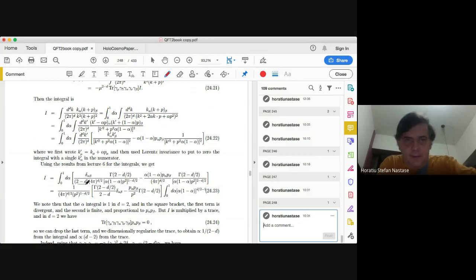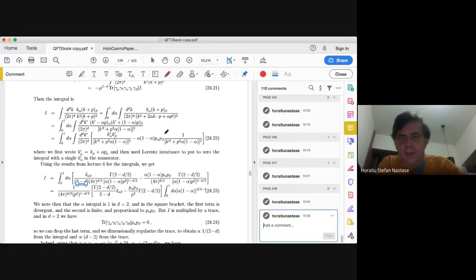This corresponds to the log divergence. Whereas this part is not divergent. This is finite because it's the integral d2k over k to the 4th, right? So this is finite and gives this result.